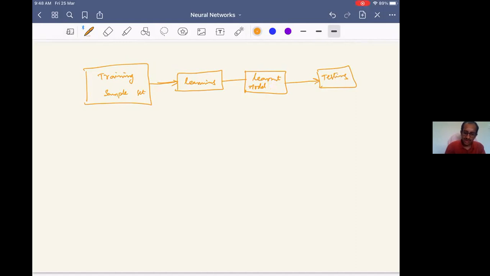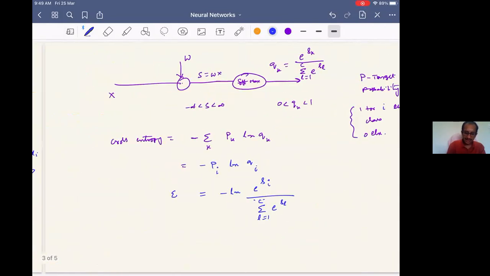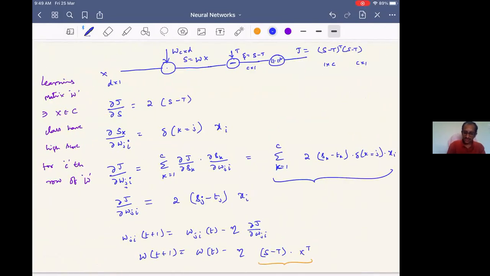So there is no learning, or learned model, in a nearest neighbor classifier. At least in the previous discussion that we had, for each of the input samples x, assume here also you have training samples, say 50,000.